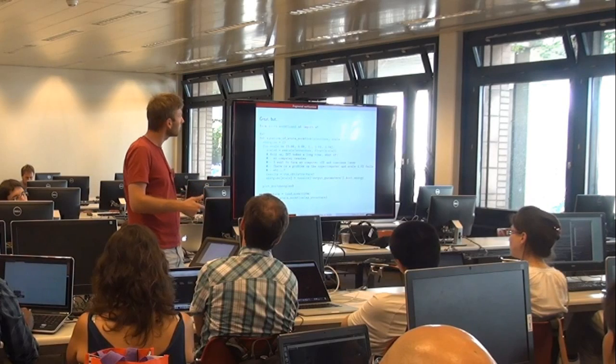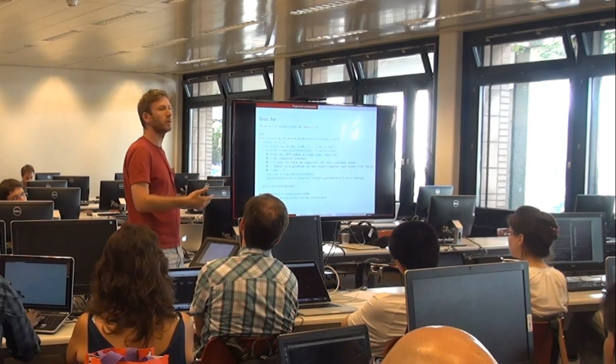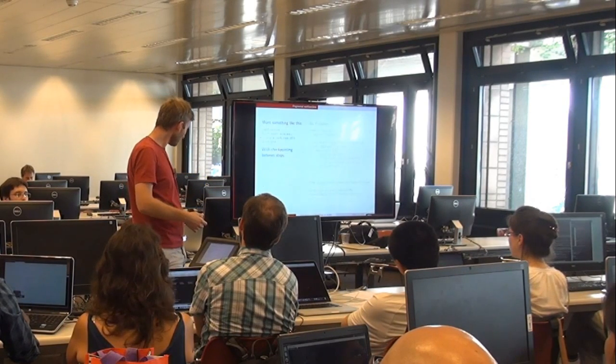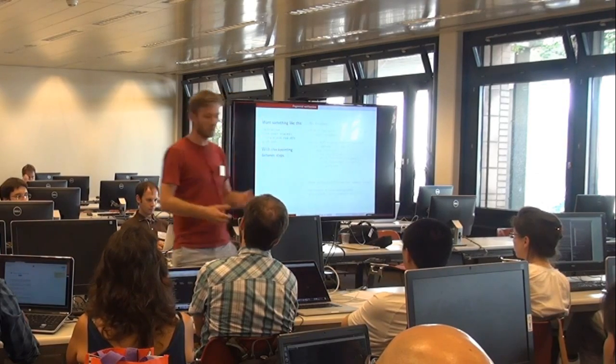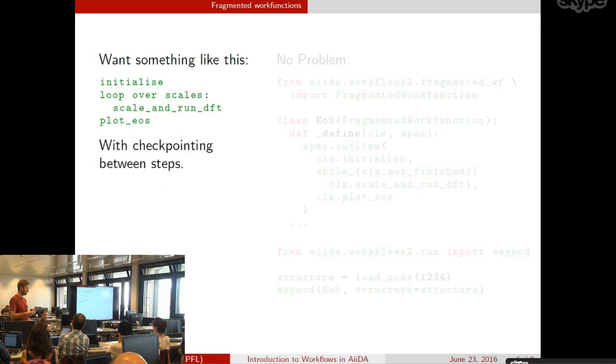So to deal with that, we have implemented another, slightly more heavyweight way of writing workflows that does allow you to solve these problems. What we want is to lay out the steps in a logical way of what our workflow is going to do. And of course, you can change those steps as you go.